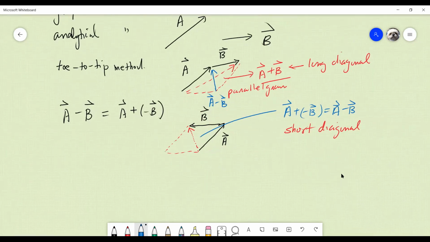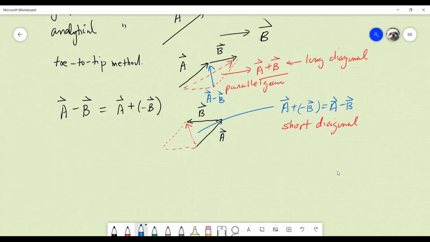Okay, now that's only two vectors. Then I may have three vectors, four, five, six vectors. What are we going to do? No problem, we still follow this tip-and-toe method.